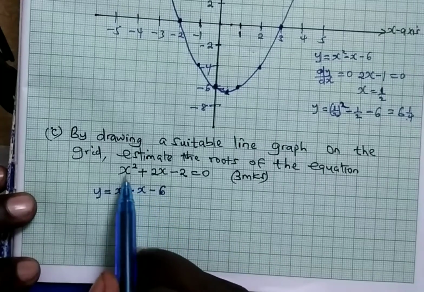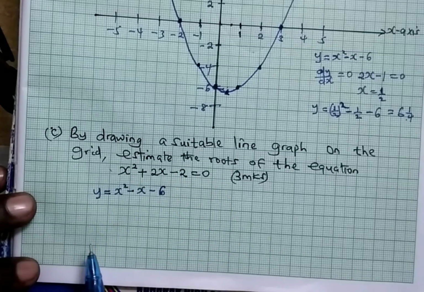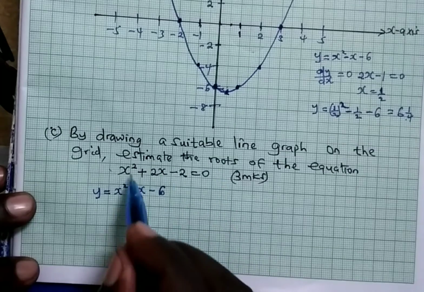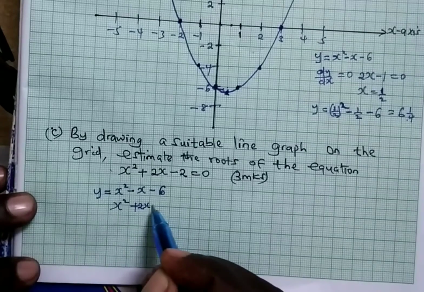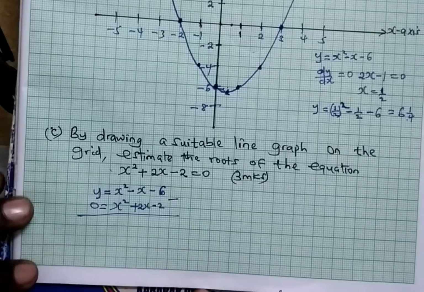Then we subtract the question or the graph that we are supposed to solve. Now if we take this function that we are supposed to solve, we have x squared plus 2x minus 2 is equal to 0. We subtract the two equations.